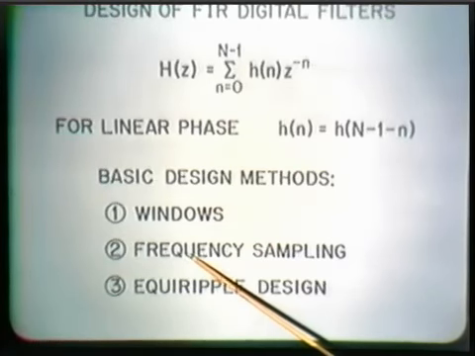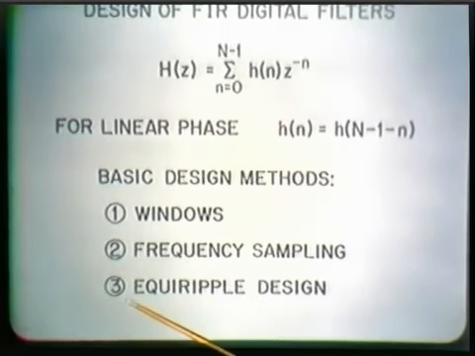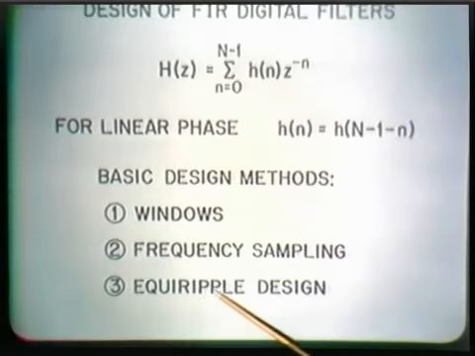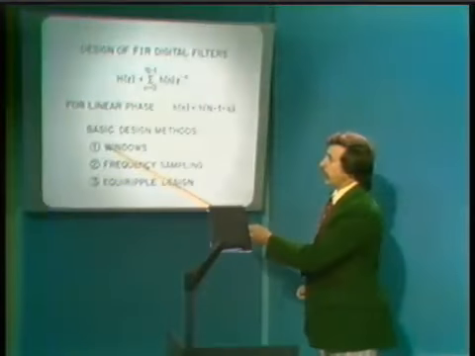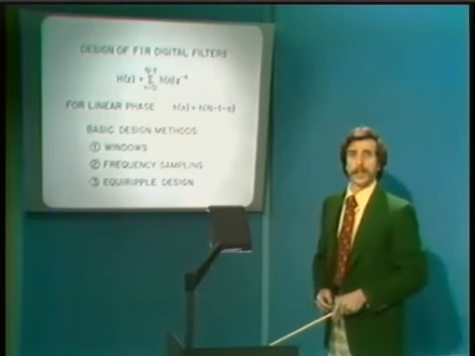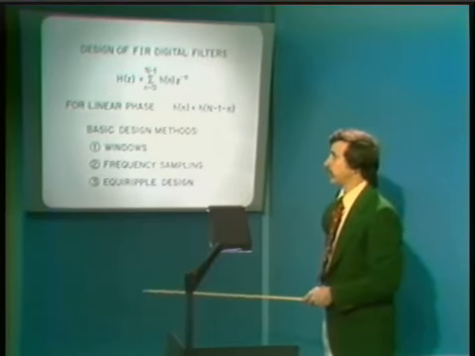A second design technique is commonly referred to as the frequency sampling method, and a third design technique is an algorithmic design procedure which results in equiripple filters, which, as I'll comment on again when we get to this point in the lecture, turn out to be important because they have some optimality properties. So these are the three basic design techniques that I'd like to discuss in this lecture.